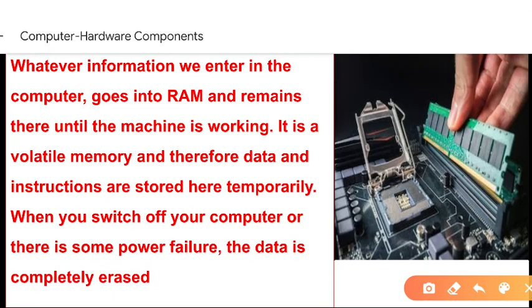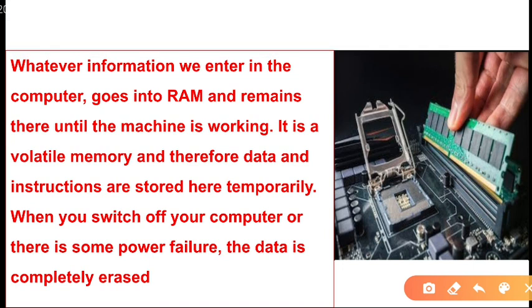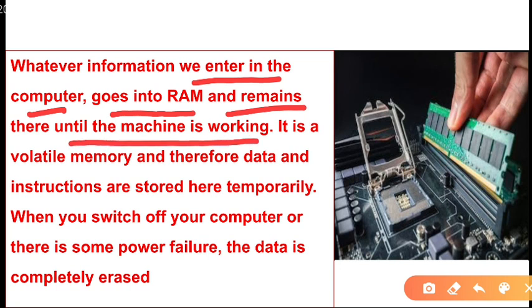Now students, one very important thing about RAM is that whatever information we enter in the computer goes into the RAM and remains there until the machine is working, that means till the time that we switch on the computer. As soon as we switch off the computer, all the information that was entered into the RAM gets deleted.